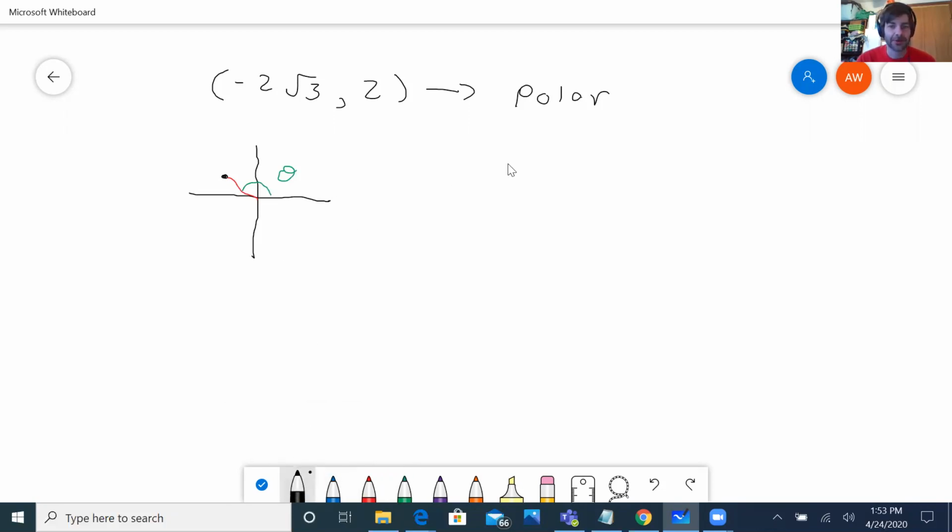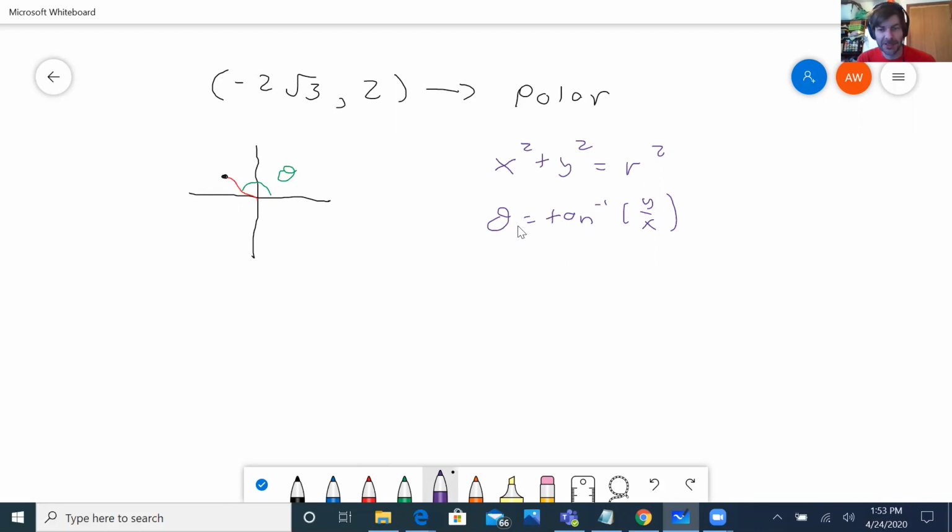I know 2 things as far as formulas go. I know x squared plus y squared equals r squared. And I know theta is the inverse tangent of y over x. But this isn't really a straightforward formula.